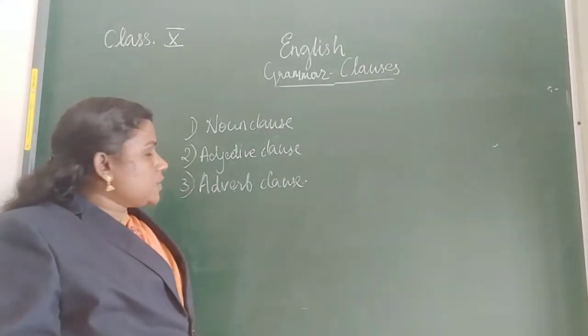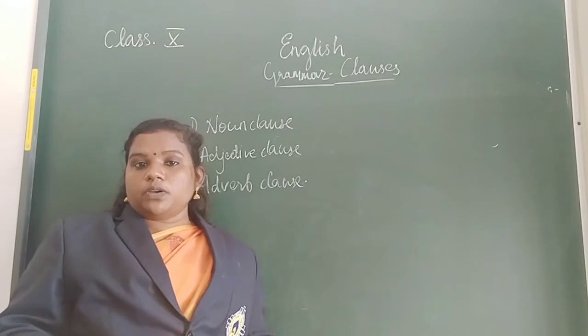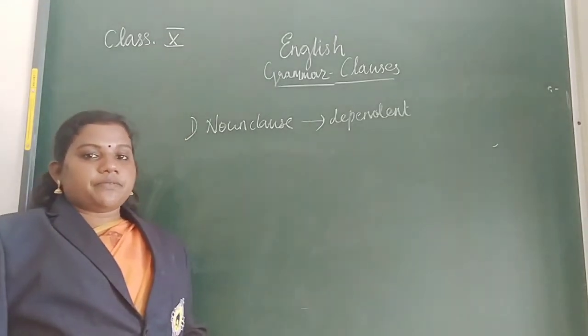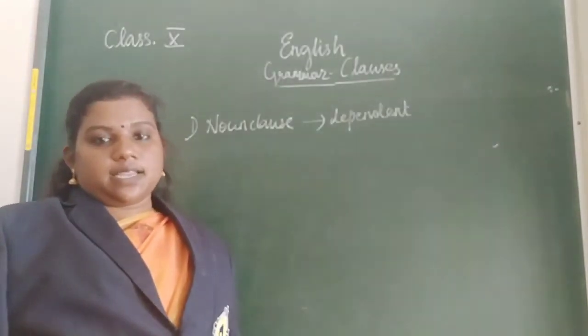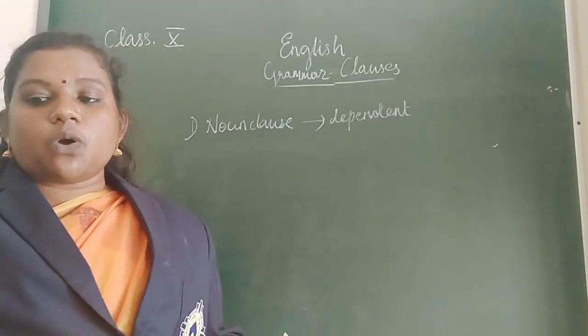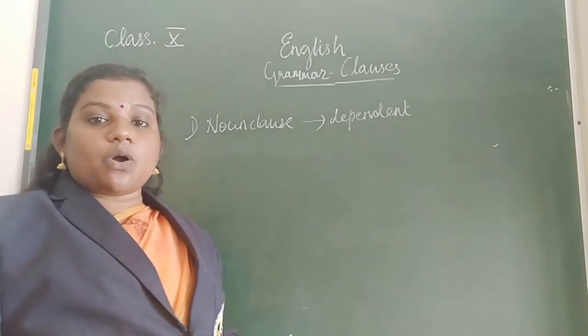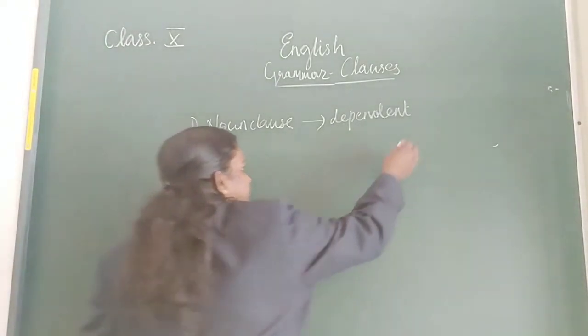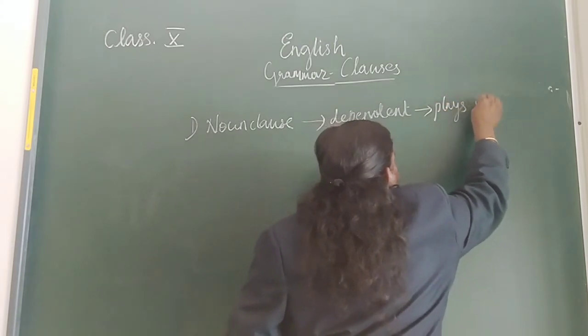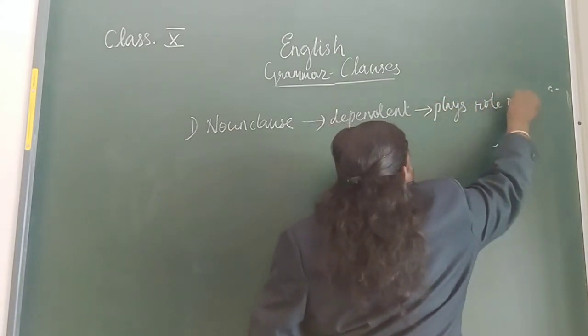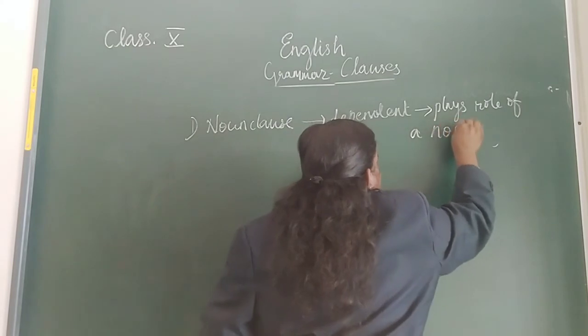Okay students, so first we are going to the noun clause. What is a noun clause? Noun clause always plays the role of a noun. It is a dependent clause. It is playing the role of a noun. Clear students?